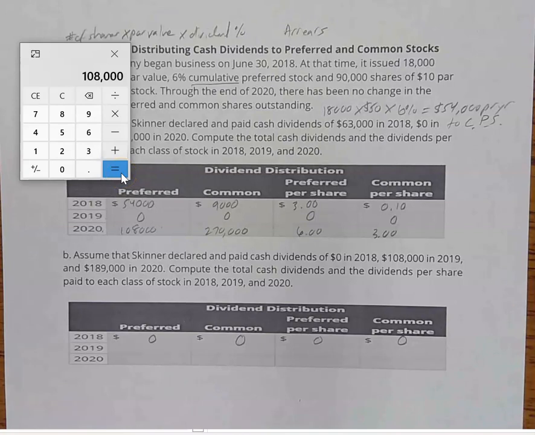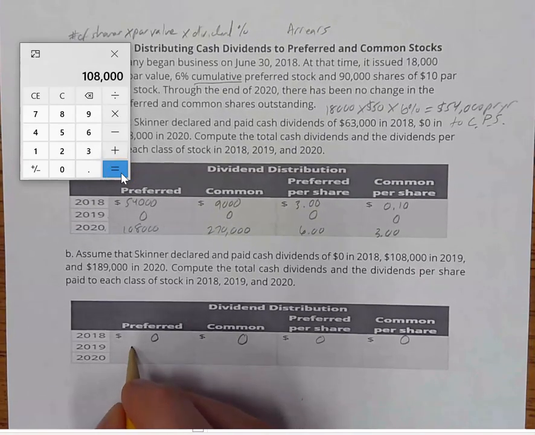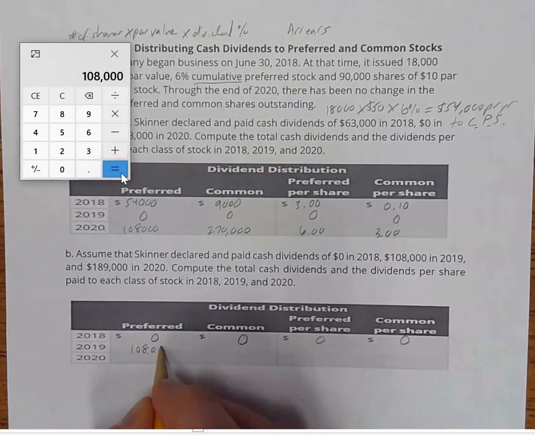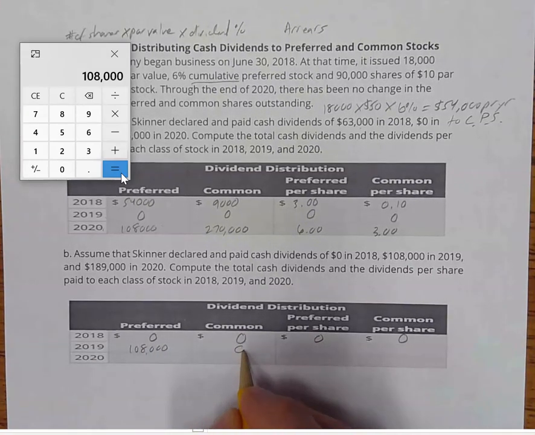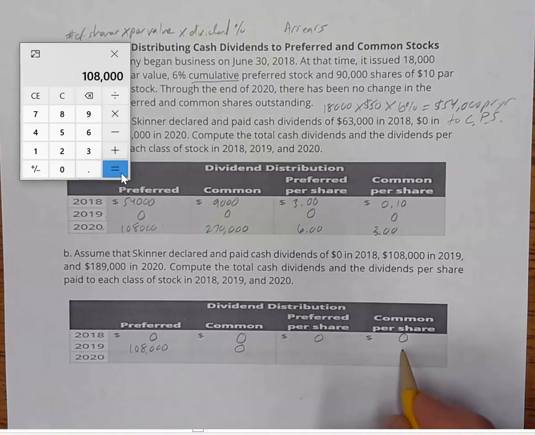So, good news is the preferred stockholders have now been made whole. Bad news is common stock got nothing again, so we can go ahead and put a per share amount there of zero. Common stockholders got nothing here, and so their per share dividend amount is also zero.